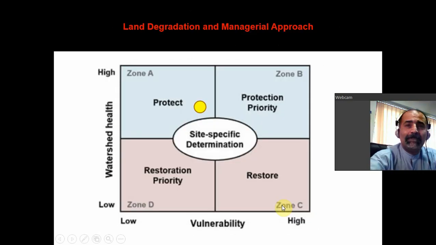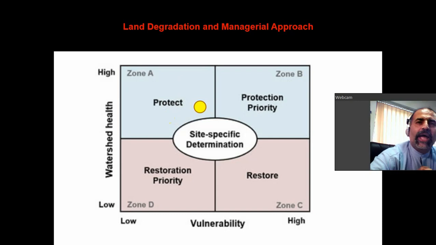And here, we try to find out the position of the watershed health of the Barrow root watershed that we studied here on the matrix of vulnerability and watershed health. And then here you will see the situation of our watershed in viewpoint of land degradation and managerial approaches is placed in zone A, that is protect area, that shows us what we have to really do there.